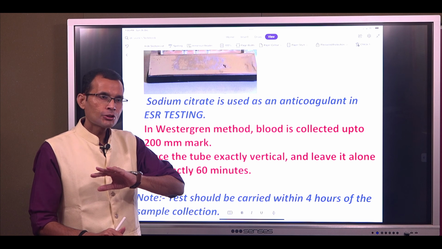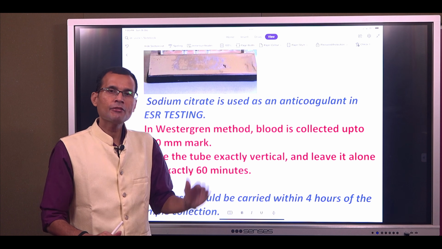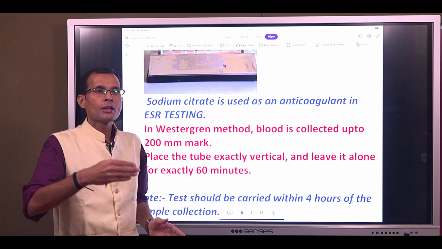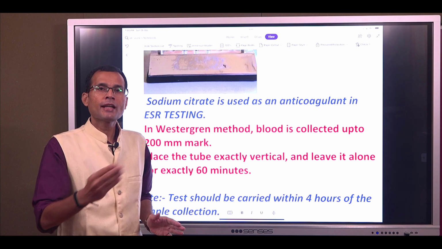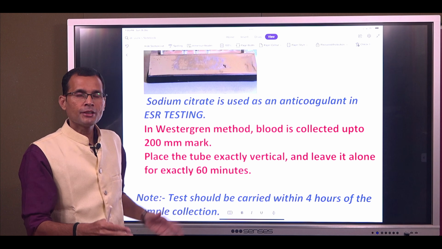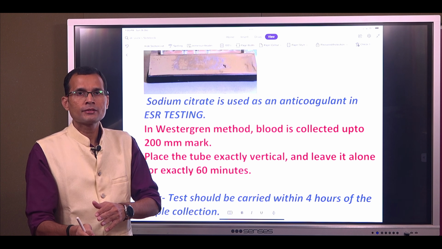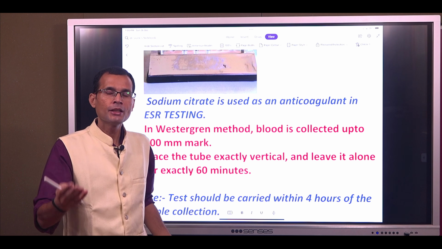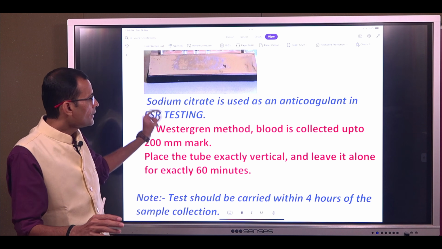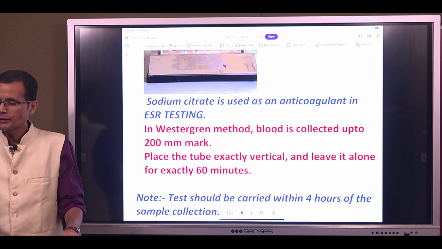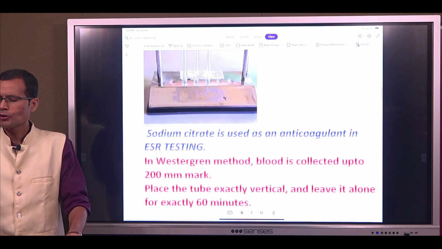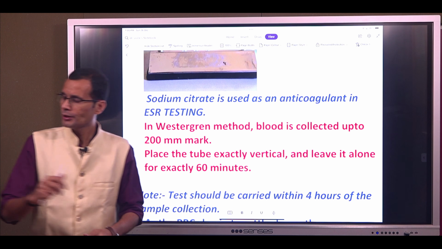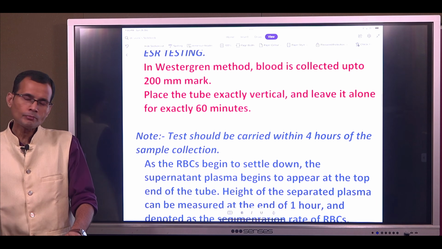For the sake of storage of the sample, EDTA will be used, and then when that is being used, the sample is diluted with sodium citrate in 1:4 parts: 1 part of sodium citrate and 4 parts of blood. That's how the blood will be diluted and then used for ESR. However, commonly we can remember it's the sodium citrate which is the anticoagulant used for these methods.